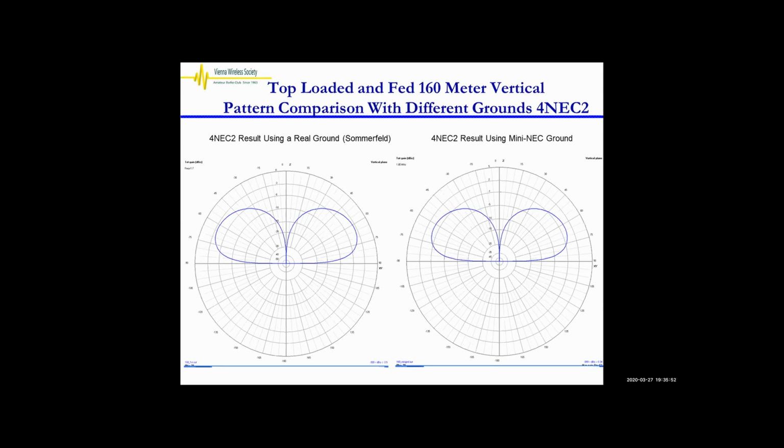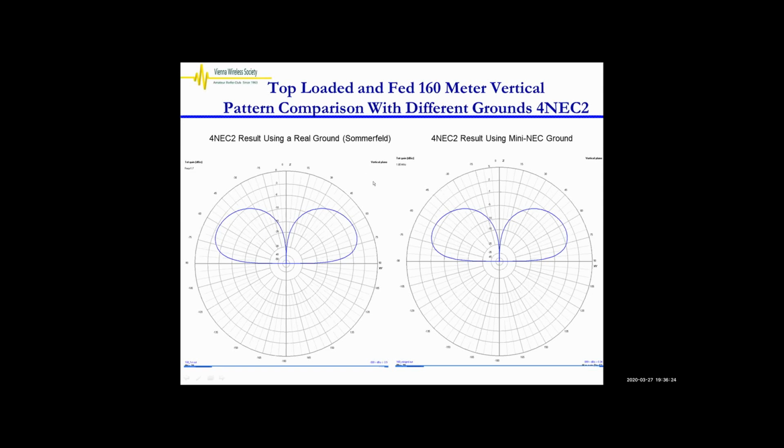The pattern is basically the same, but the losses and the levels predicted are different for NEC 2 depending on which ground I used. And in this case, they generally recommend using the mini NEC ground if you're doing verticals. So for something like Mike's 160 inverted L he was talking about at our previous meeting, if he was to model it, he should be using this ground, not that ground.